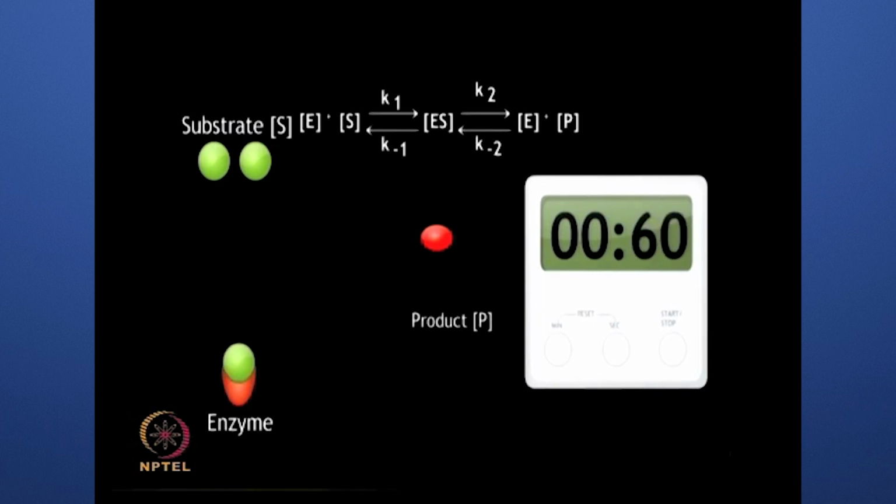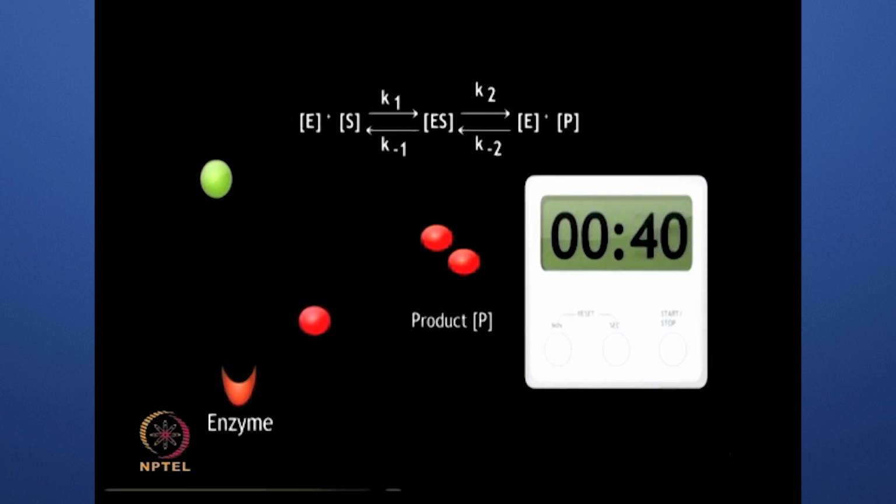The number of moles of product formed per second during these stages determines the reaction velocity for that particular enzyme. V0 has an almost linear relation with substrate concentration when the substrate concentration is low, but it becomes independent at higher concentrations.